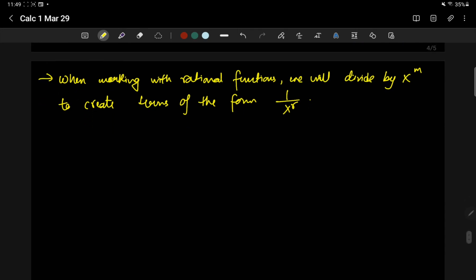Why? Because we already have this result which says that if you have 1 over x to the r, then the limit at the endpoints is 0, meaning that as x goes to infinity, positive or negative, it just goes to 0.